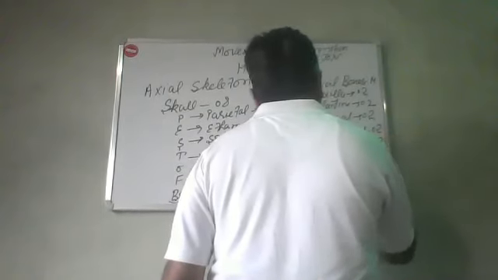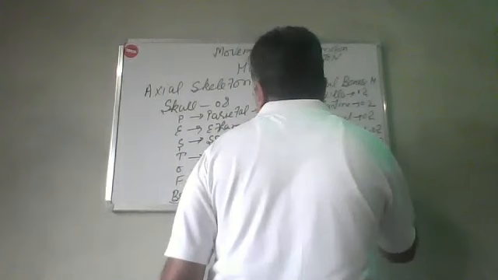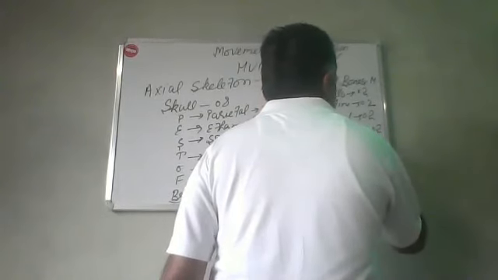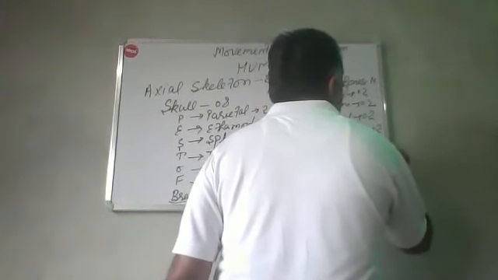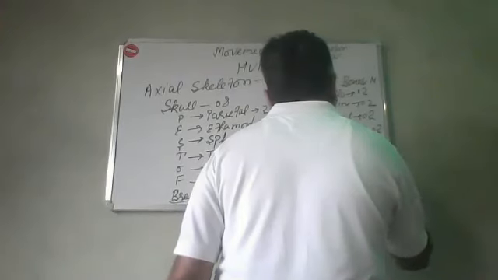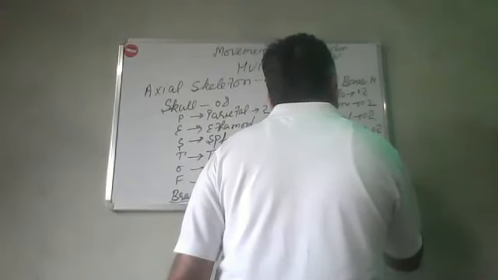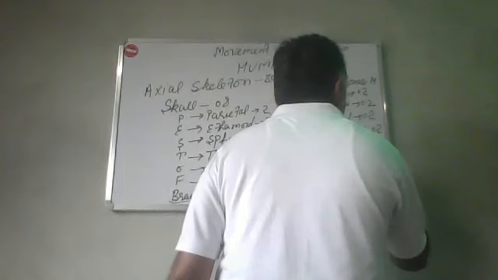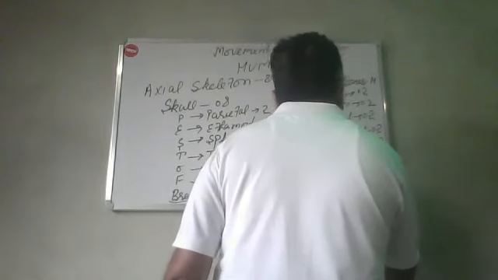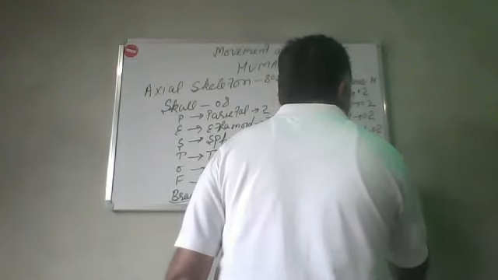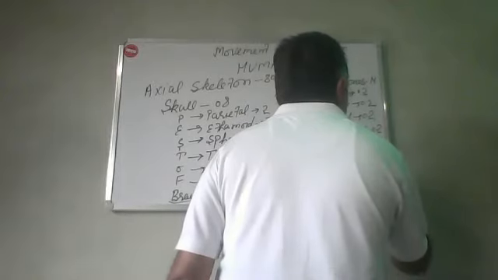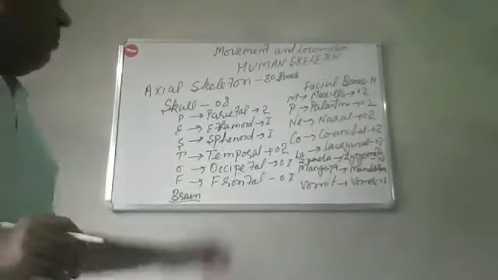These are also two. And then zygomatic bone, these are also two. And then mandible and vomer, the last are one, and this is also one.